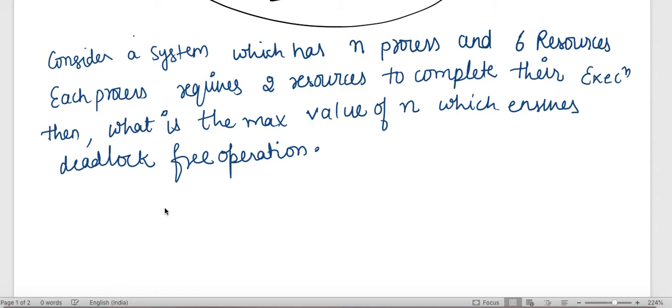What it is saying: there are n processes and each process requires two resources for successful completion. Actually, they have a total of six resources. Then it is asking, what is the maximum value of n so that deadlock doesn't occur?